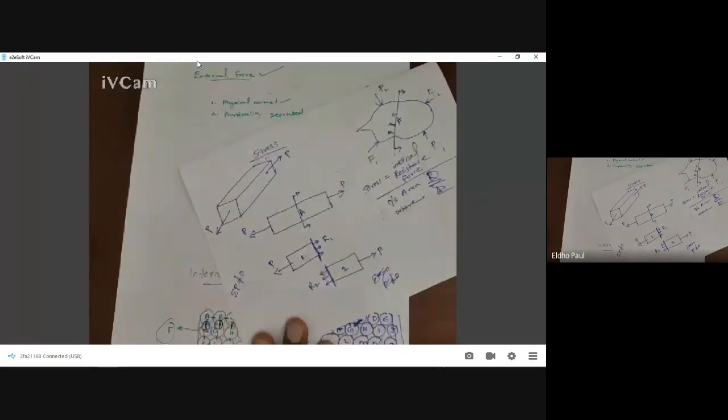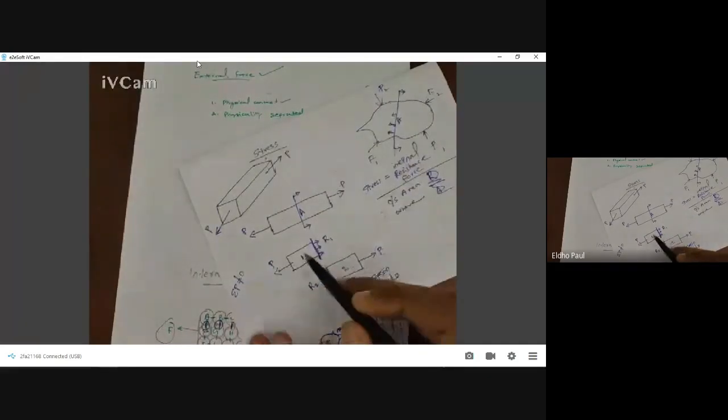Now this part 2 is in equilibrium, because this internal resistance force R2 is developed to balance force P. Similarly, R1 is developed to balance force P. The R2 direction is opposite to that of P, and the R1 direction is opposite to that of P.